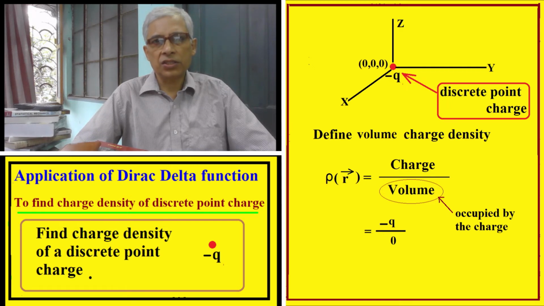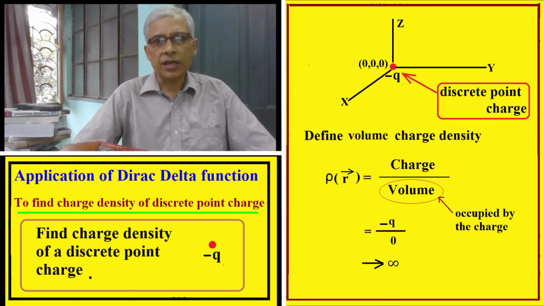And the charge is minus q while the volume occupied is 0, since the charge is attached to a point and a point has 0 volume, no length, no breadth, no height. Clearly, therefore, the volume charge density that we arrive at is infinity, and we seem to be in trouble.